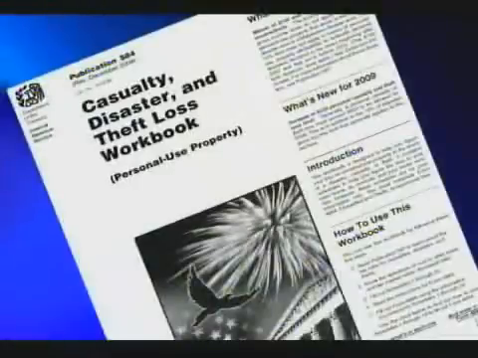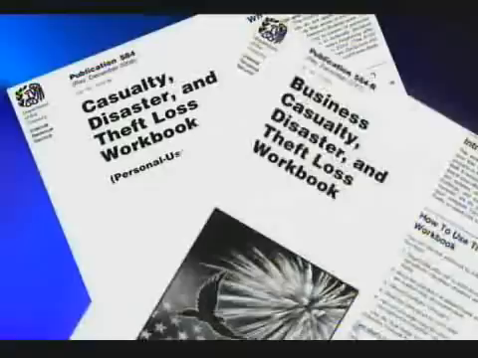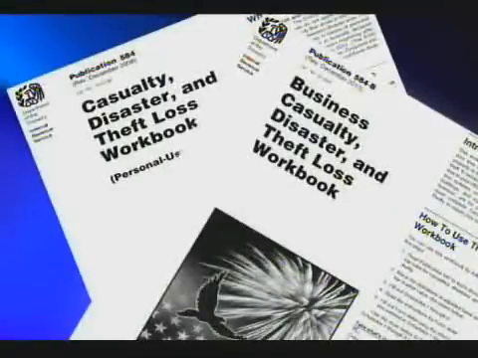The IRS has disaster loss workbooks for individuals, Publication 584, and businesses, Publication 584B, that can help you compile a room-by-room list of your belongings or business equipment. This will help you recall and prove the market value of items for insurance and casualty loss claims if needed. How quickly you get back to business after a disaster often depends on emergency planning done today. Start planning now to improve the likelihood that your business will survive and recover.